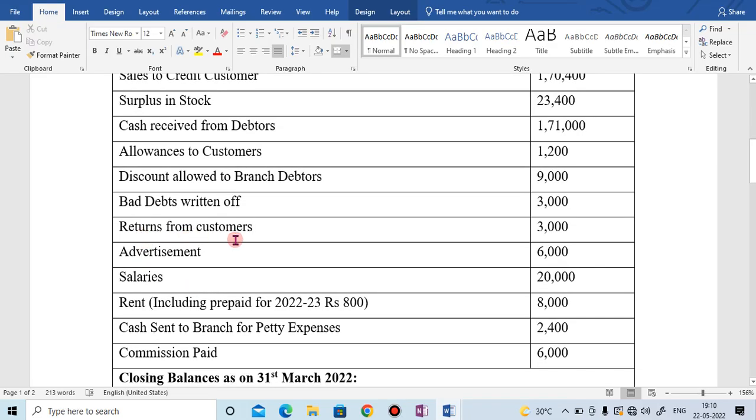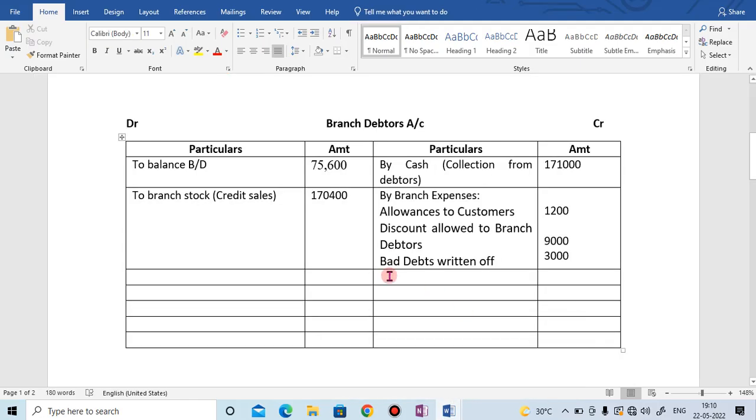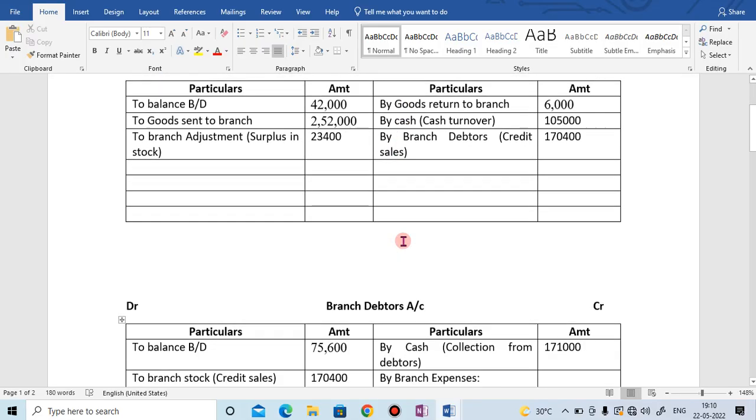Next, returns from customer. Returns from customer is 3000 rupees. So this entry will have two effects. First will be in branch debtors account, and second will come in branch stock account.